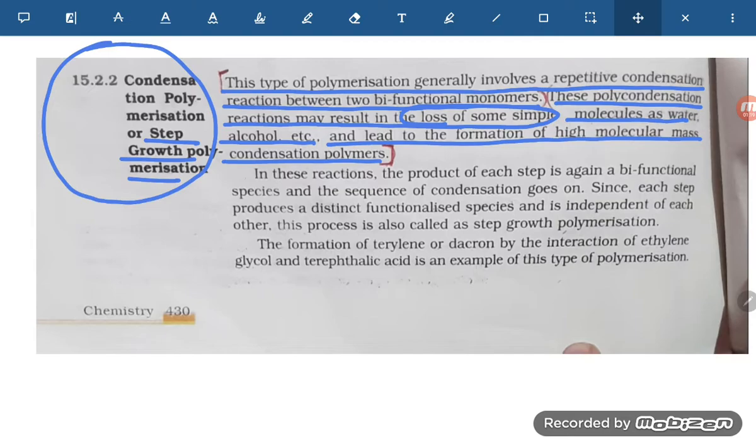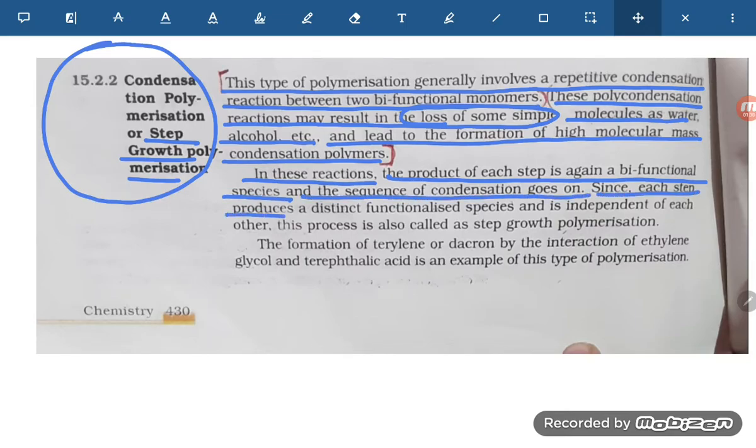In this reaction, the product of each step is again a bifunctional species. Two functional groups must be there for condensation polymerization, and the sequence of condensation goes on.